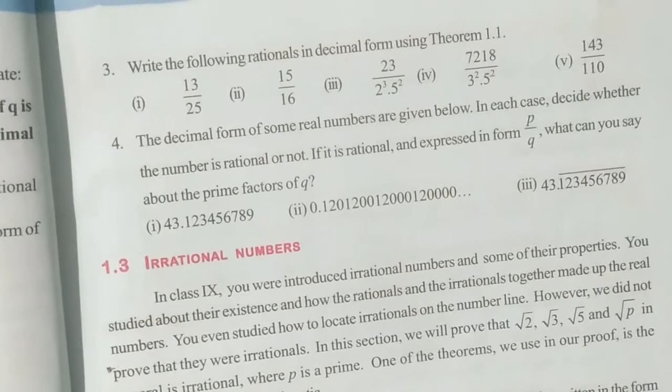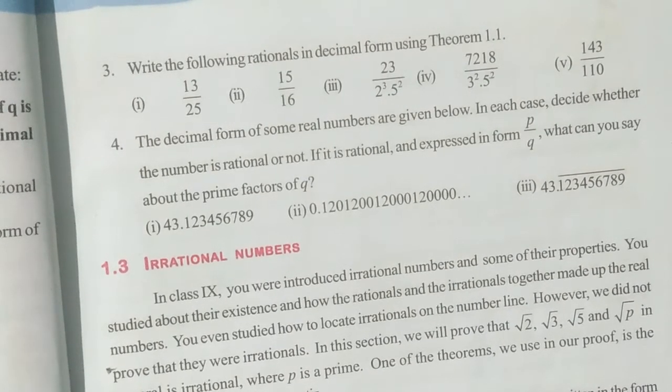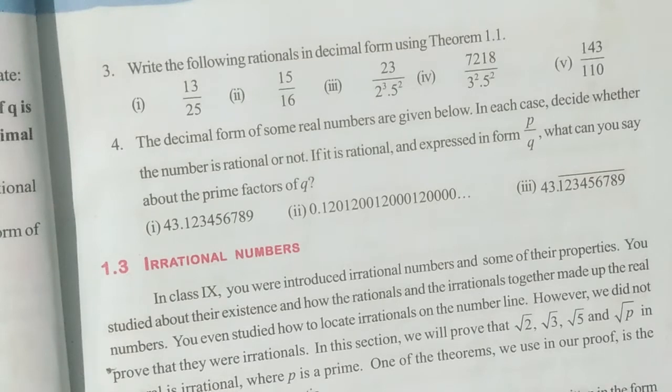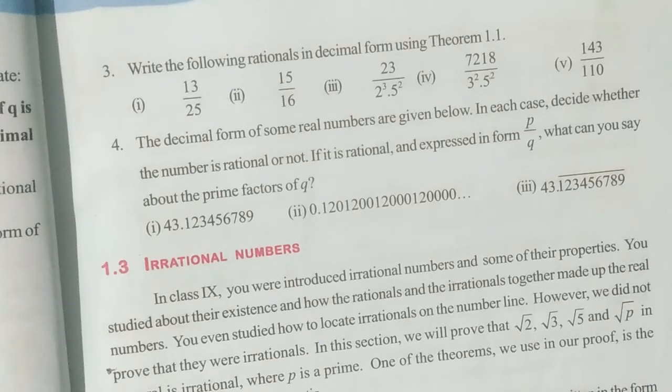So fourth bit, the decimal form of some real numbers are given below. In each case, decide whether the number is rational or not. If it is rational and expressed in the form of p by q, what can you say about the prime factors of q?